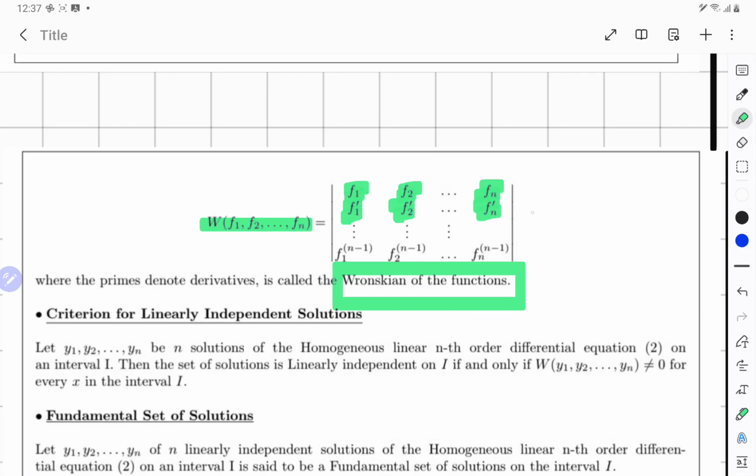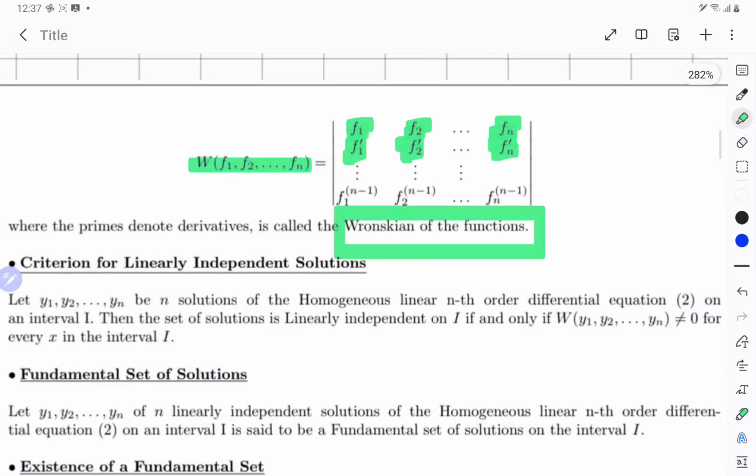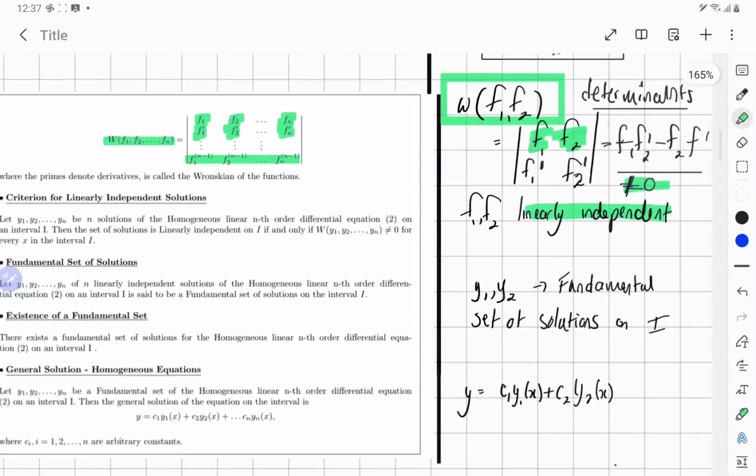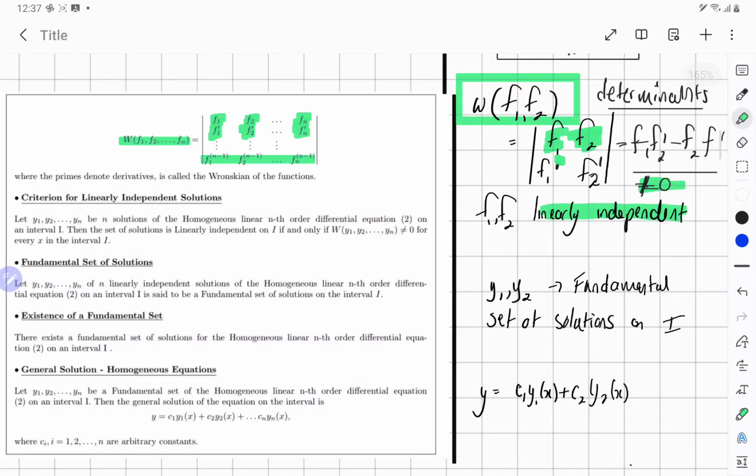Second derivative, second row, up to, just be careful, not the nth derivative, but up to the n minus 1 derivative in the final row. Just to recall, when I did second order, my second row will have the first order derivatives. So that's very important for the Wronskian.